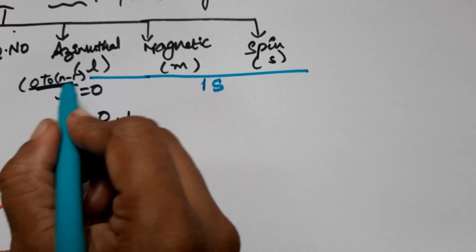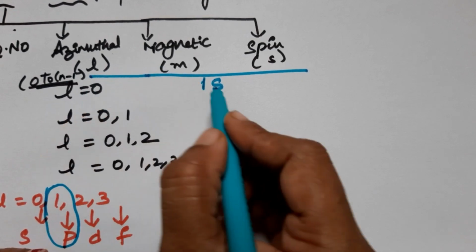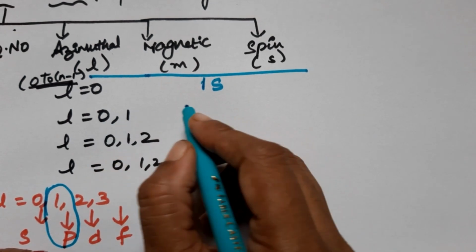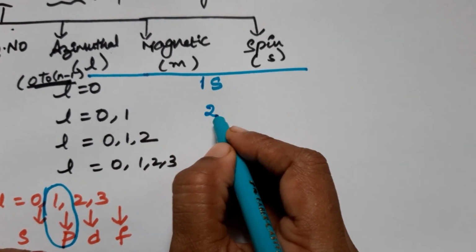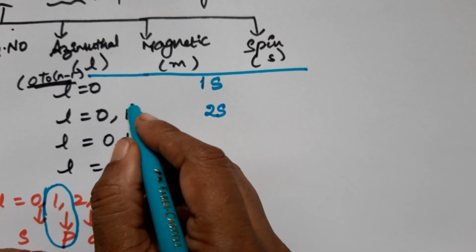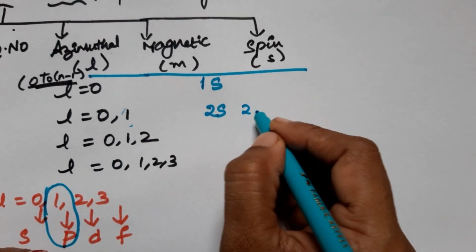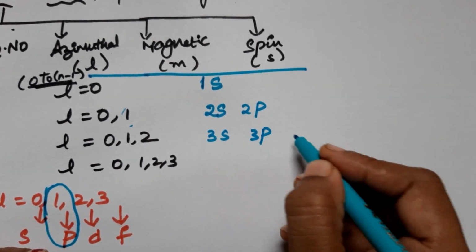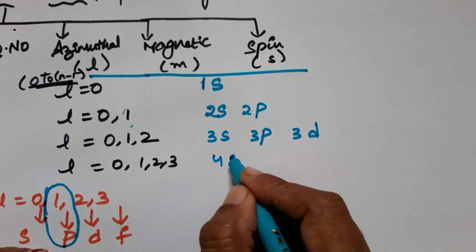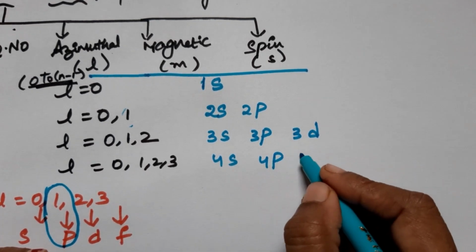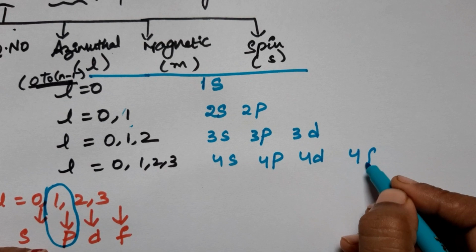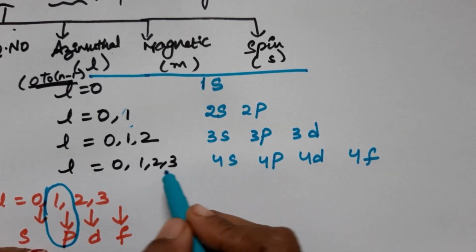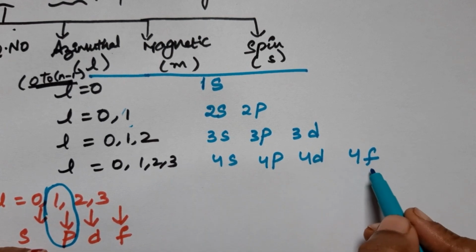I am discussing only l and n here, not the magnetic and spin quantum numbers. With n equal to 2 we have 2s, 2p. Like this, 3s, 3p, 3d, 4s, 4p, 4d, 4f, for 0 s, for 1 p, for 2 d, for 3 f.